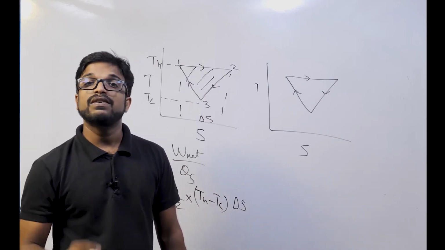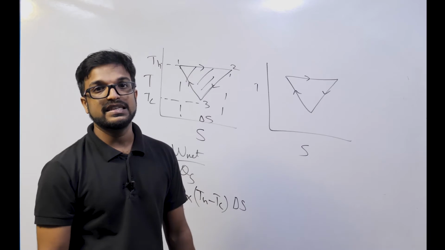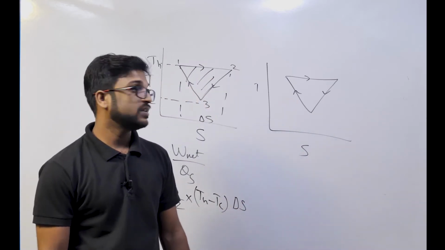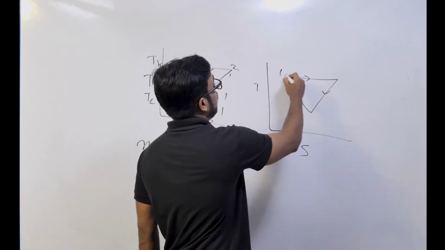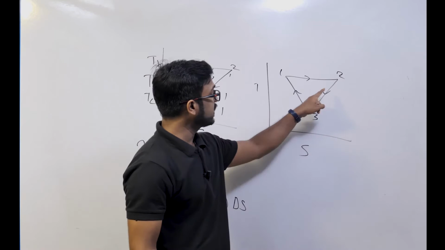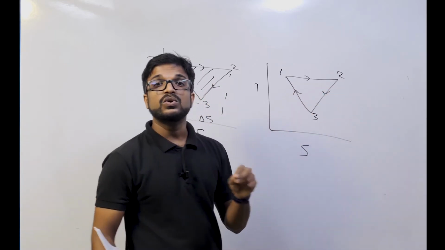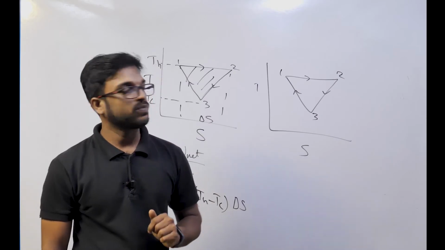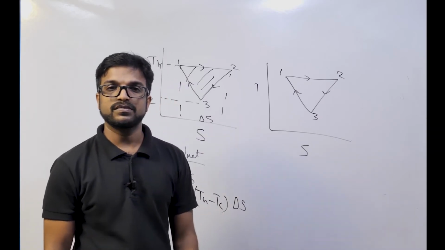And after that we will find the area under that, since the area under a TS diagram is nothing but heat transfer in that process. So if you look here, 1 to 2, 2 to 3 and 3 to 1. In 1 to 2, you can see that entropy is increasing, so it is clear that in process 1 to 2 heat supply is happening. What about 2 to 3?